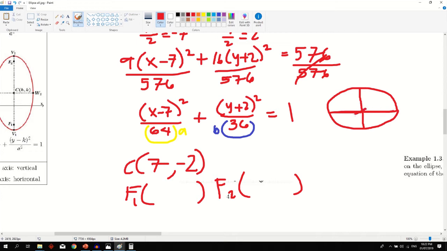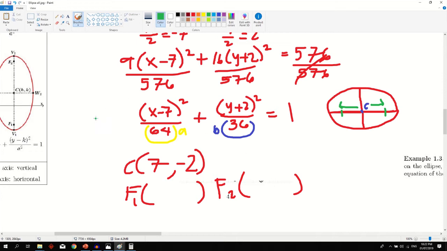Okay, so if this is the center here, then the focus would be right there and there. So that one is the focus.